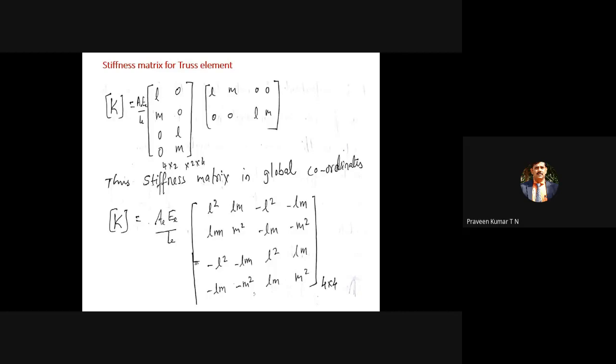The bottom left again is the same 4 terms, with a negative sign, and only the diagonal is positive. The other opposite side is negative. Somehow you have to remember this stiffness matrix, but it is a little bit easy compared to the beam. If you remember these 4 elements or stiffness coefficients, that is sufficient.